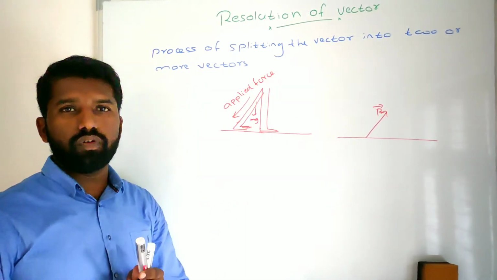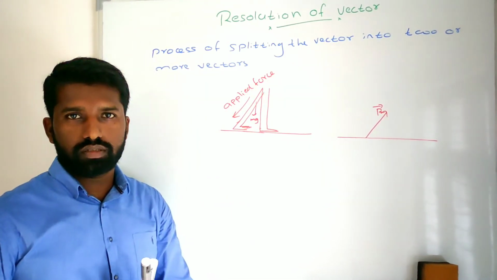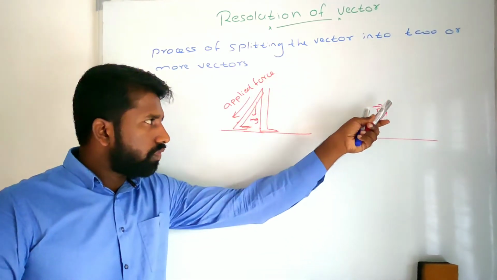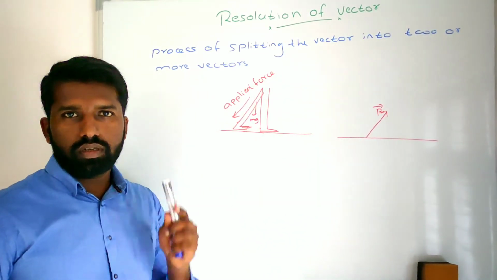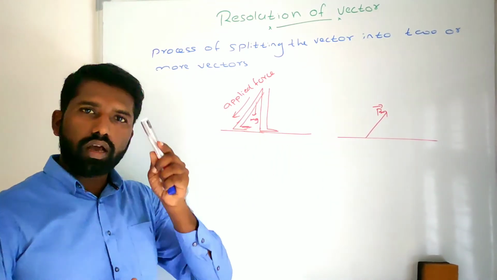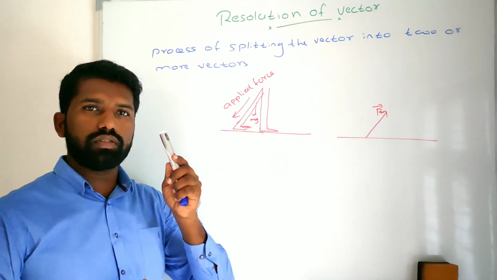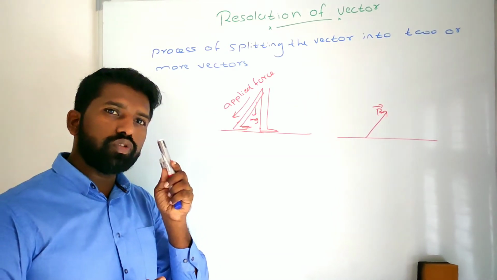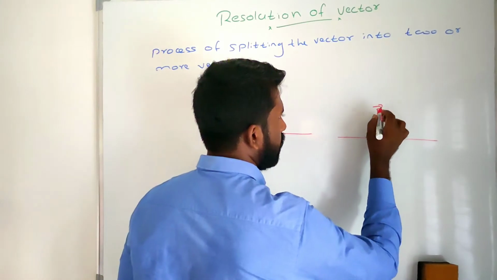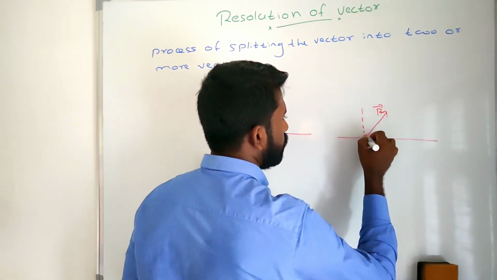In vector form, we can say that one component of this R vector is used to balance the mg and one component makes you move forward. That means I can split this reaction into two.